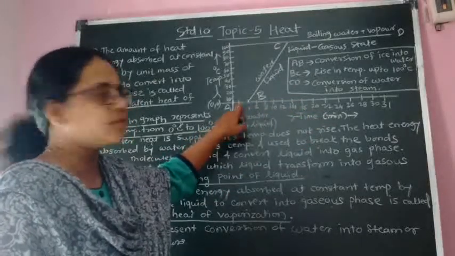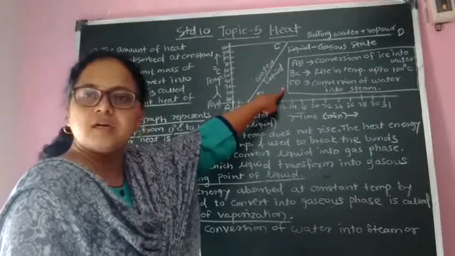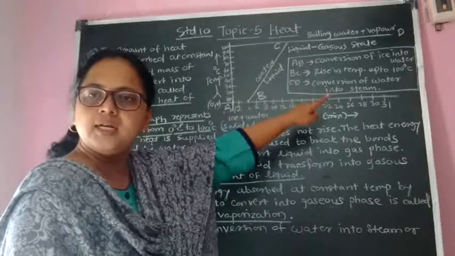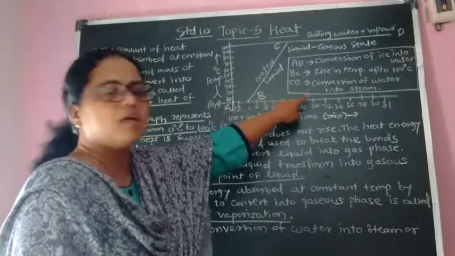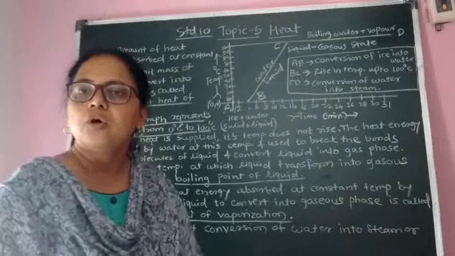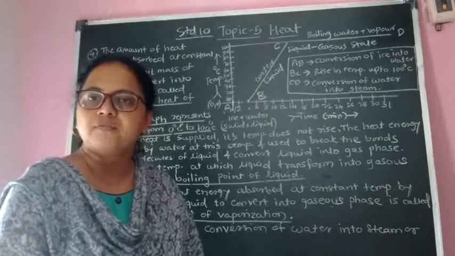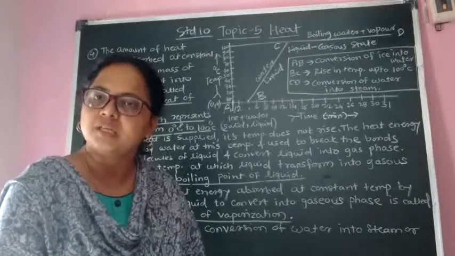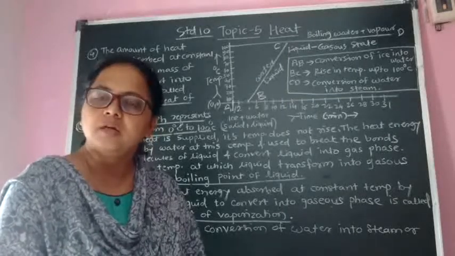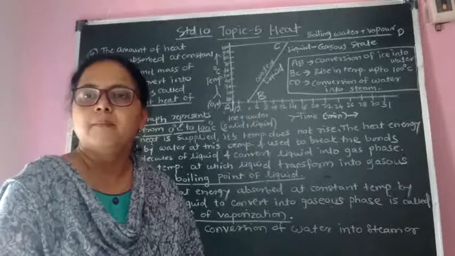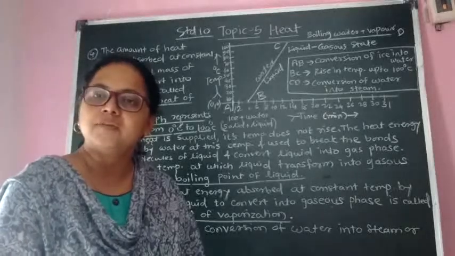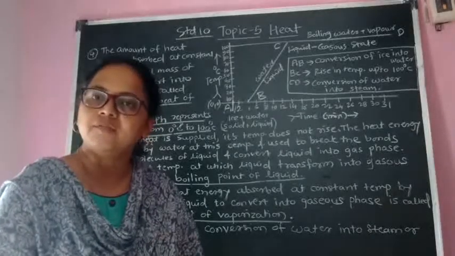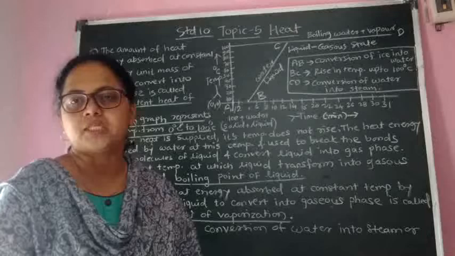AB represents conversion of ice into water, BC represents rise in temperature up to 100 degrees Celsius, CD represents conversion of water into steam. So during the explanation of this graph, you have to write what line AB, BC and CD represent, and you have to write 4 definitions. That is melting point of ice, specific latent heat of fusion, boiling point of water or boiling point of liquid, and specific latent heat of vaporization.